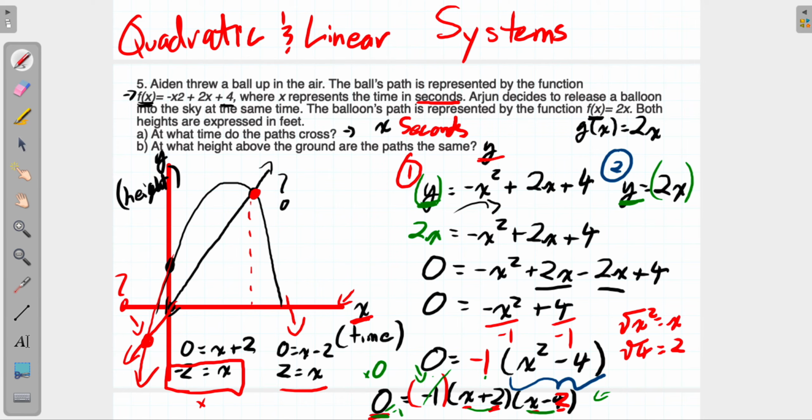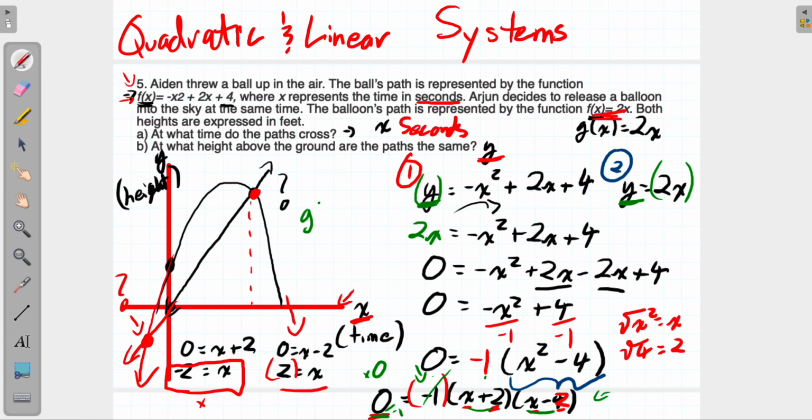The second one, we just have to find the y value now. What's nice about this is since we're looking for points of intersection between 2 functions, I can take the x value, the number 2, and I can plug it into either function. I can plug it in the quadratic function, but the linear function is just so much easier to do that with. So I'll do it in green here just beside it.